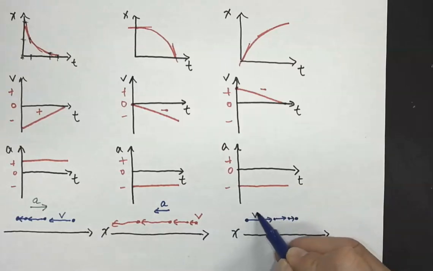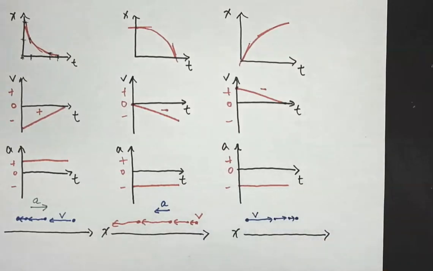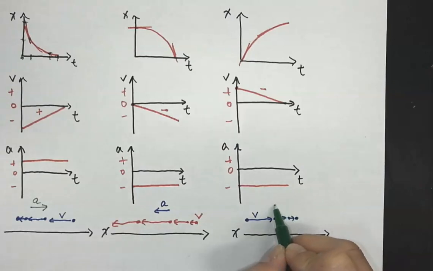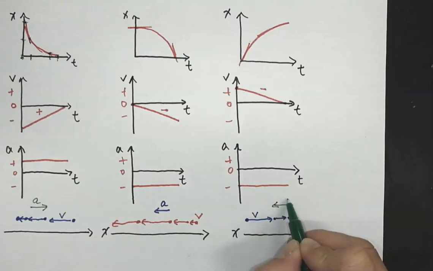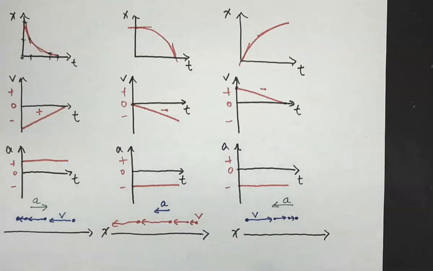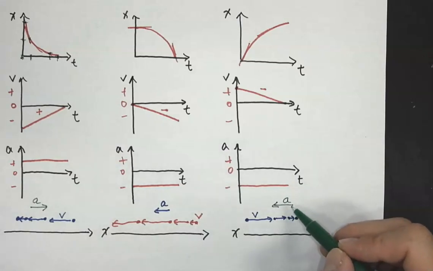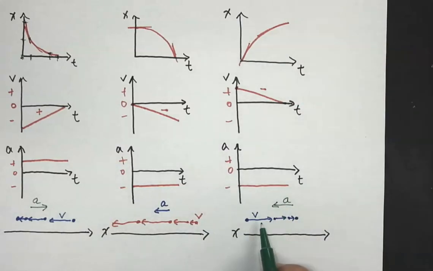And so that's my velocity. And then my acceleration is going to be in the negative direction. It's negative right there. Okay, why is acceleration negative? It's slowing down. So when an object is slowing down, the velocity and acceleration will be in the opposite direction. And that makes sense, right? And so that is consistent with what we have in the graph.